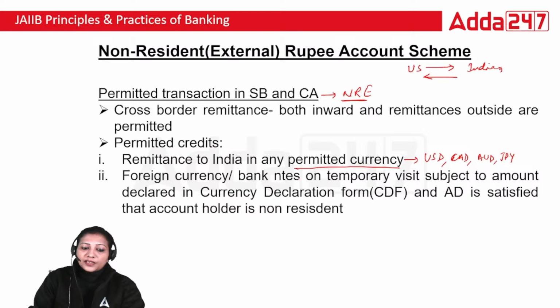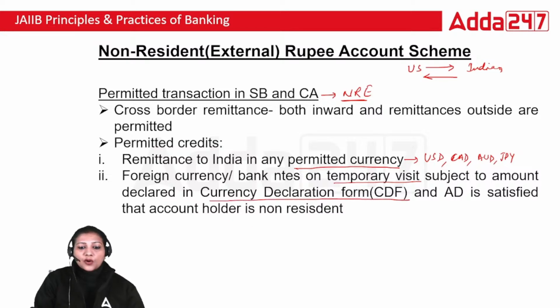Foreign currency bank notes on temporary visit: if an NRI is visiting India and is carrying cash with him, after reaching India he may want to deposit that money in the NRE account. That is permitted, and for that we will need the currency declaration form.